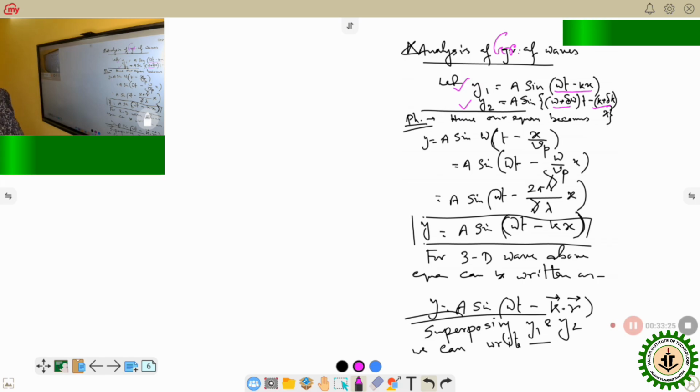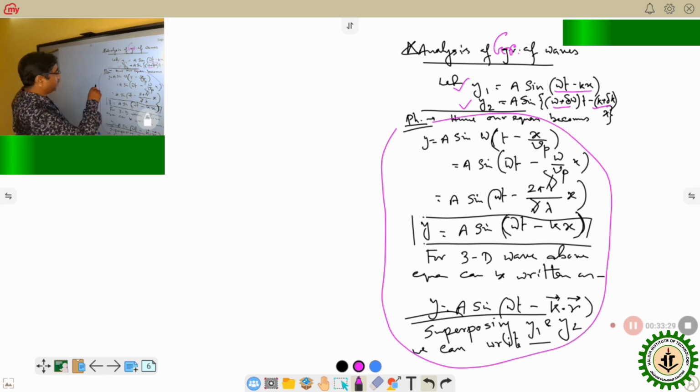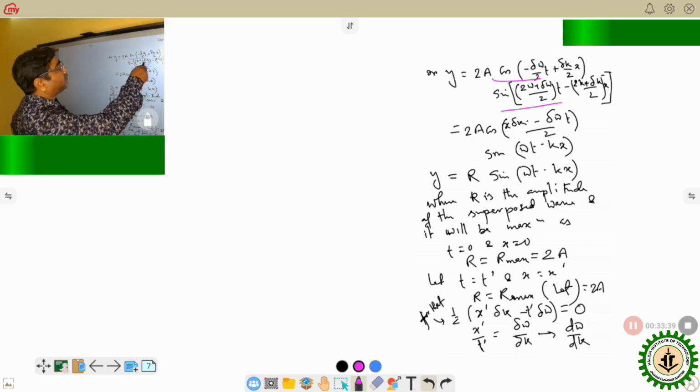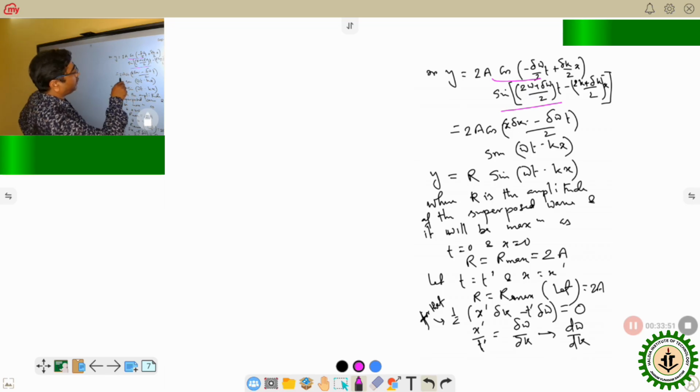No need to write down this part. Since I have added those two, and mathematically derived it, delta omega is so small in comparison to omega that I can neglect delta omega as well as delta k, and the ultimate answer we obtain is this.